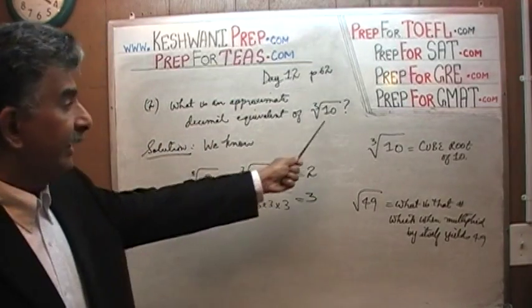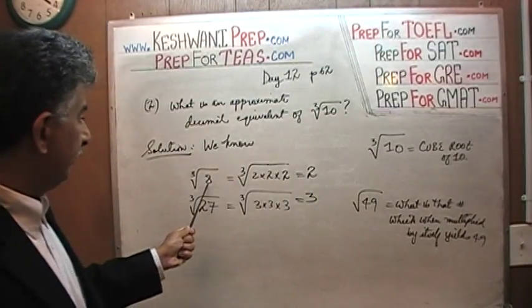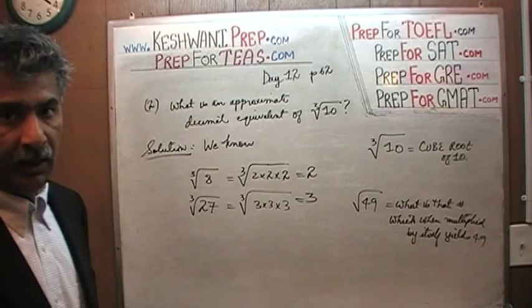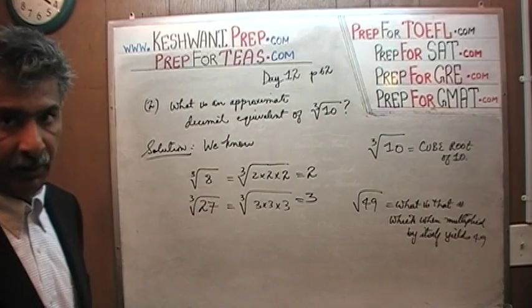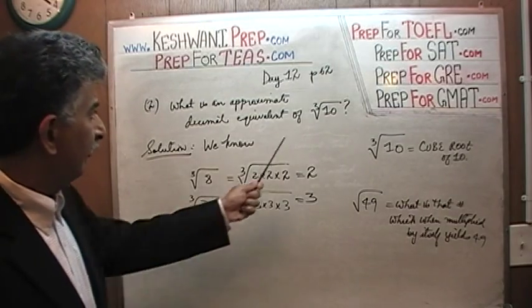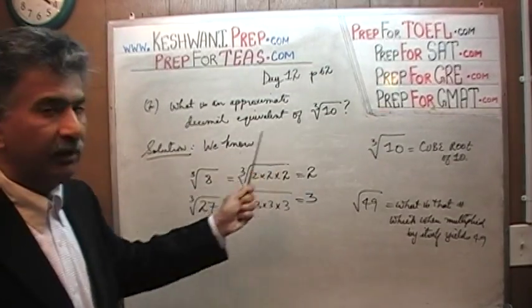What we have here is 10. 10 lies somewhere between 8 and 27. And our job is to figure out where it lies between 8 and 27. As you can clearly see, it lies someplace very close to 8.